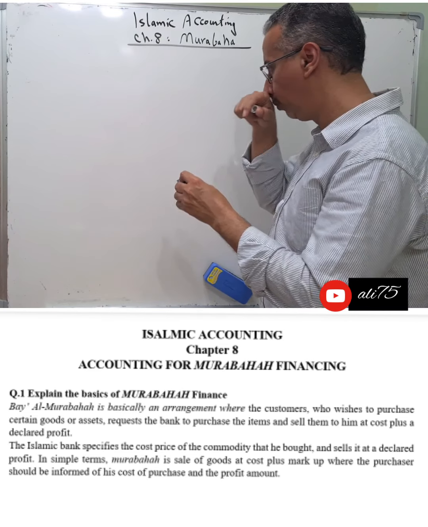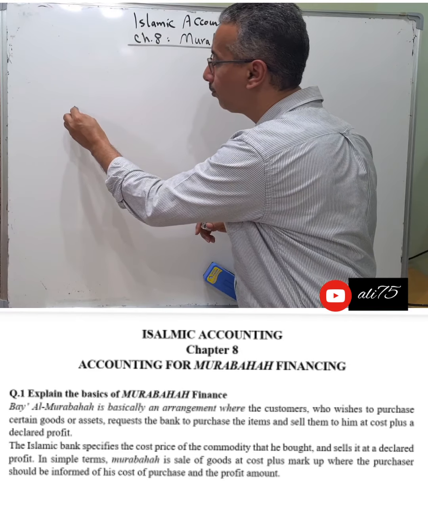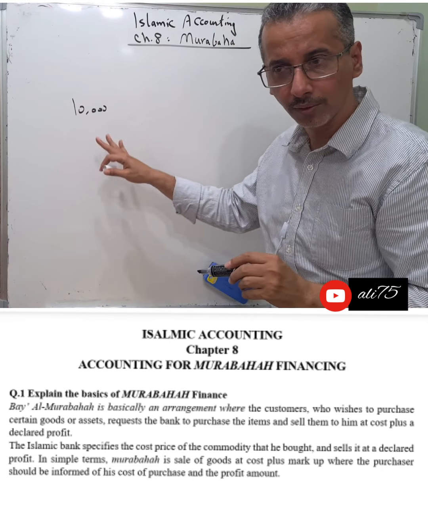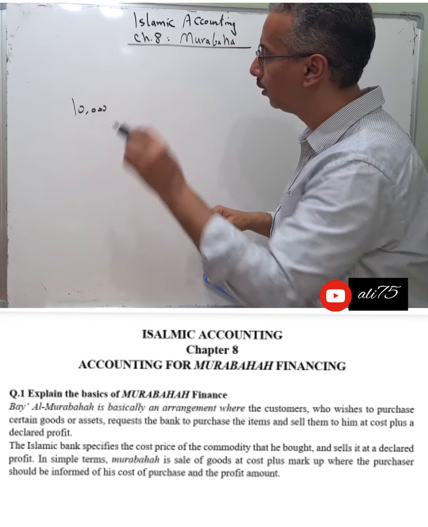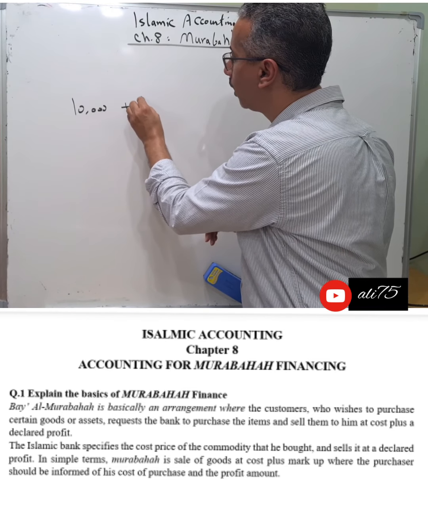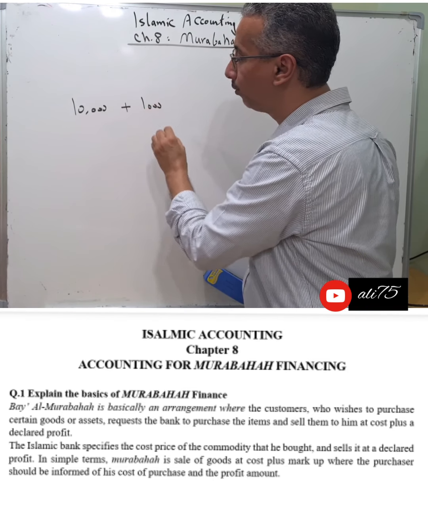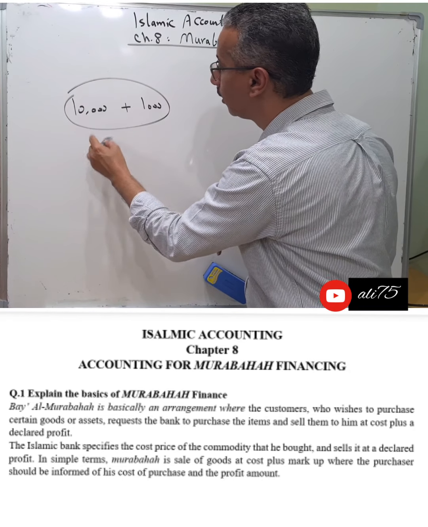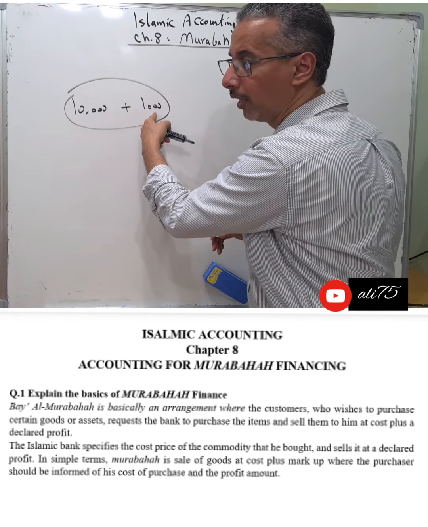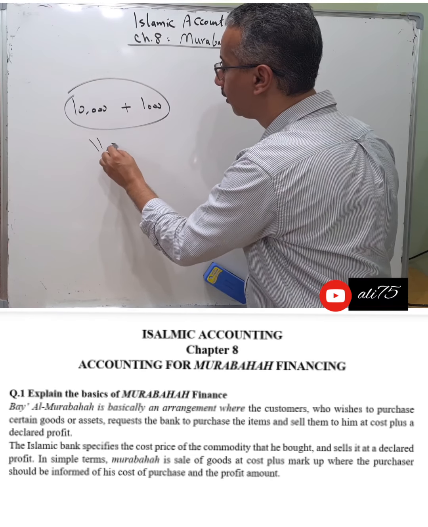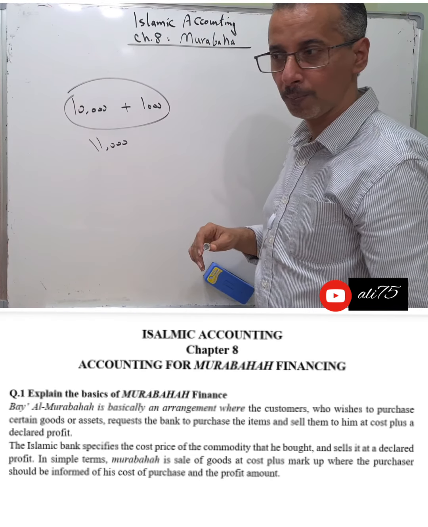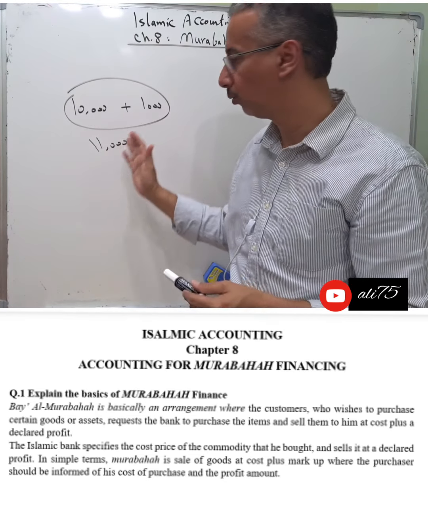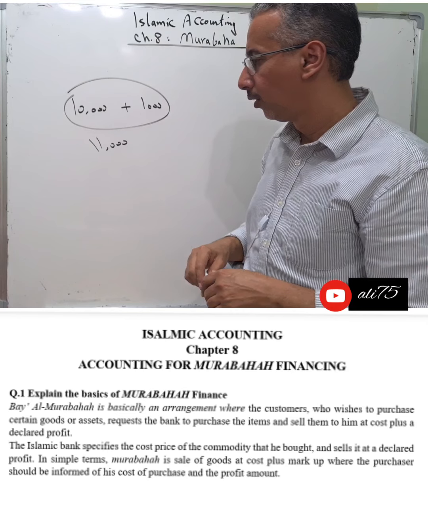For example, I want the bank to purchase a car. It costs 2,000, and the bank told me that he will add another 1,000 or 2,000 as profit. So the selling price will be cost plus the declared profit, 11,000, and they decide how long it will take to repay it.